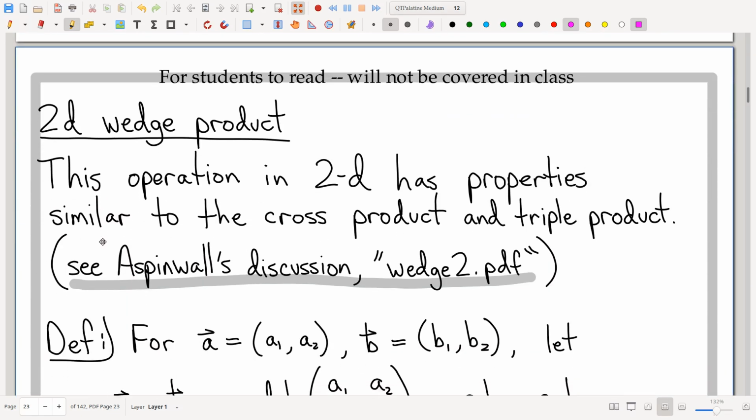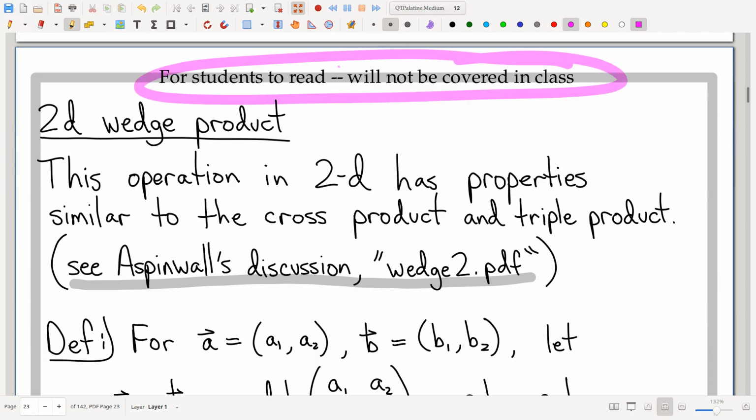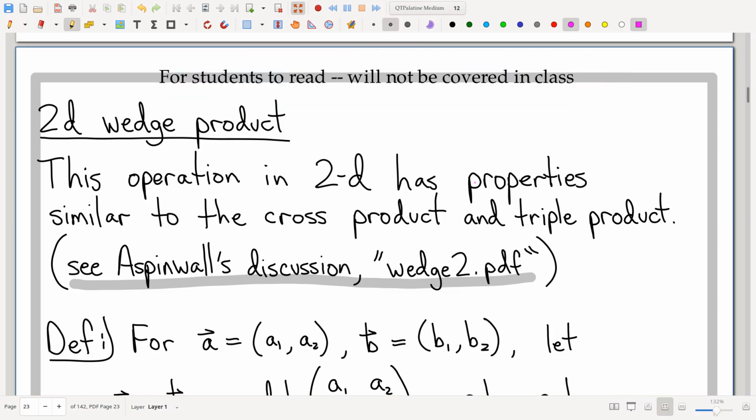Okay, now this next page is another one for students to read, so there's some details to be aware of here. This is, if I remember correctly, either not in the book or underrepresented in the book, and then there's some questions as to how much you'll see this in engineering classes, how much is it in actual practice, and I can't comment on that.